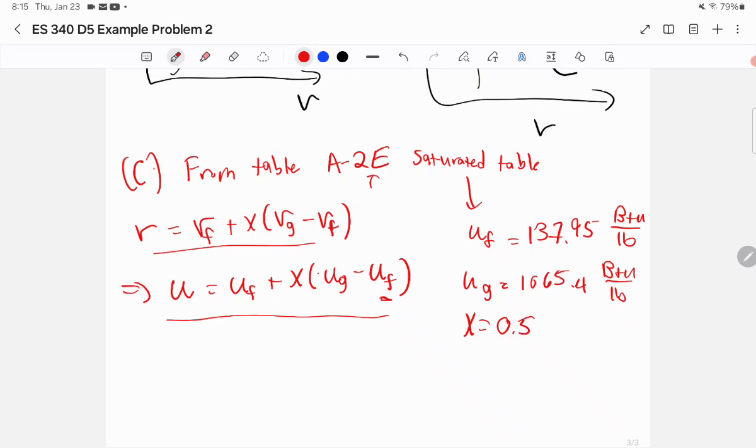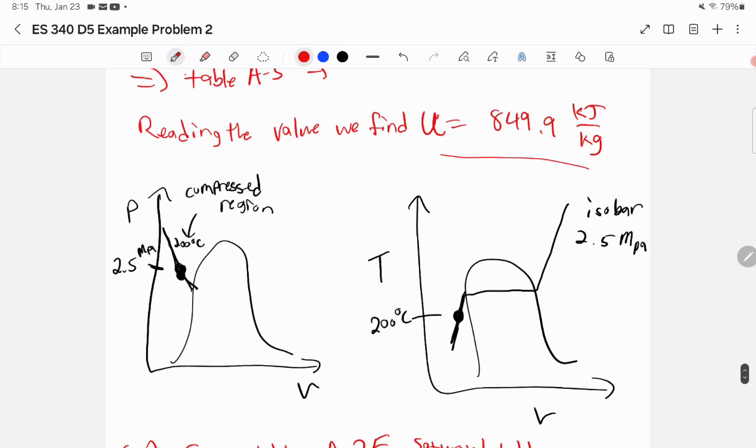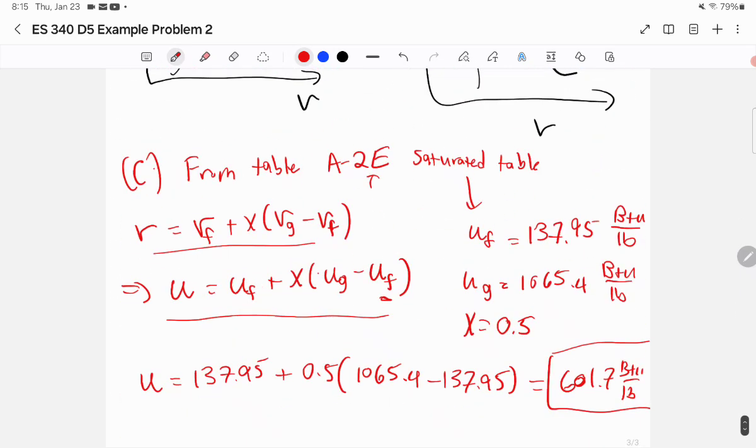Even though it's 50%, we have to use the decimal value. So U has to be equal to 137.95 plus 0.5 times 1065.4 minus 137.95, which is equal to 601.7 BTUs per pound. So that's our value for part C. Okay, so this is how we would do one with a mixture.